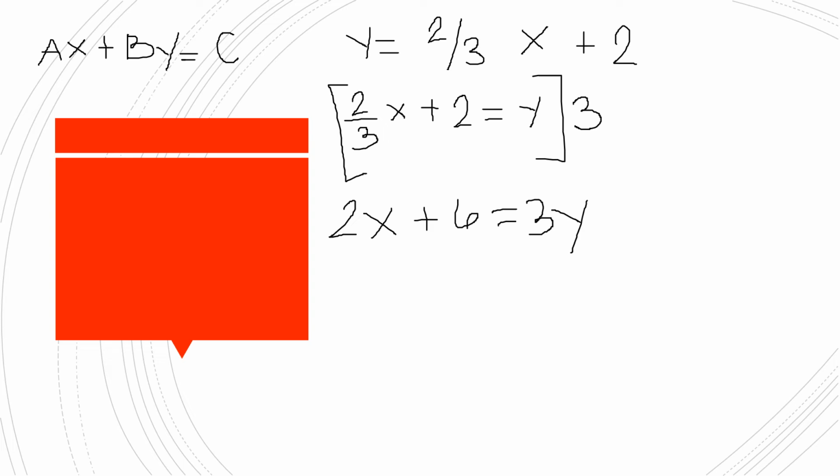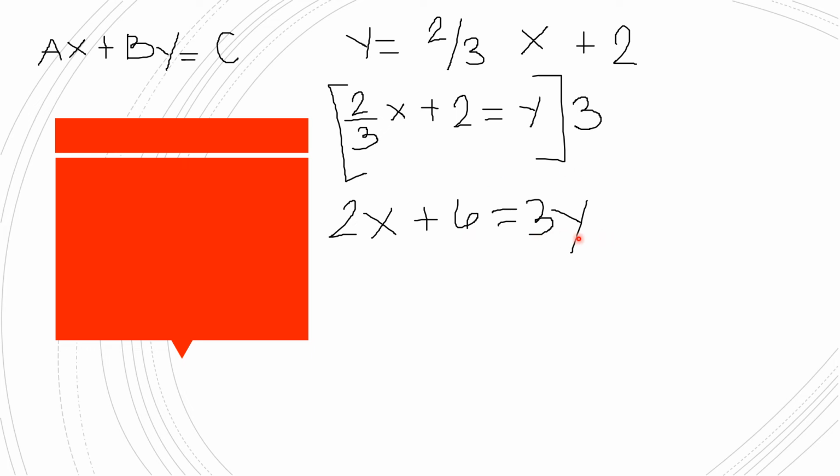So, now we have the equation 2x plus 6 equals 3y. But still, it is not in the form ax plus by equals c. It is because our 3y is still on the right side. So, we should move it to the left side. Then, the 6, we move to the right side.